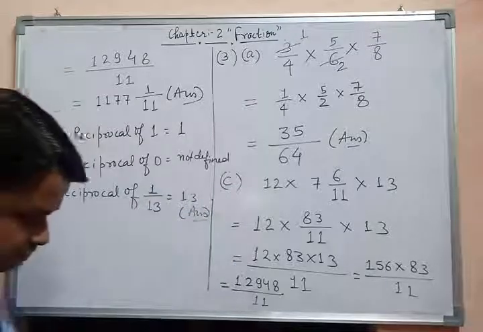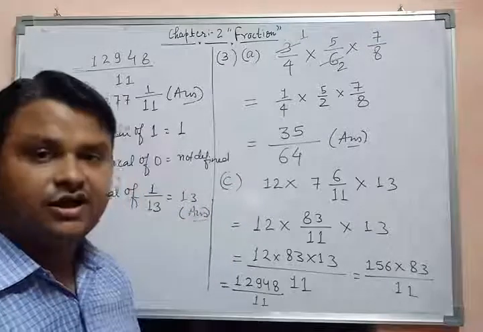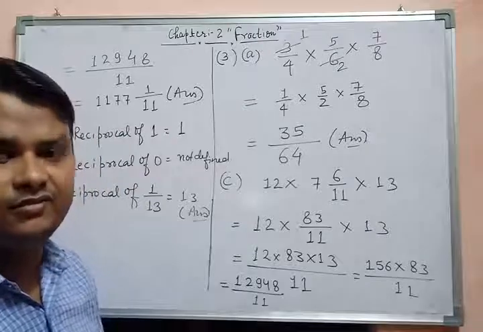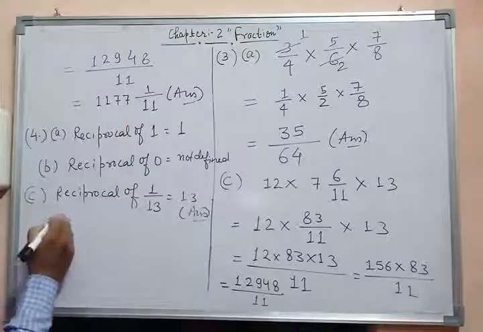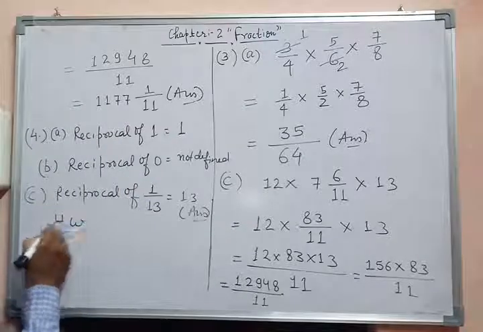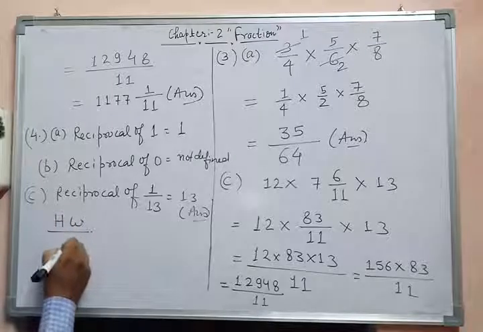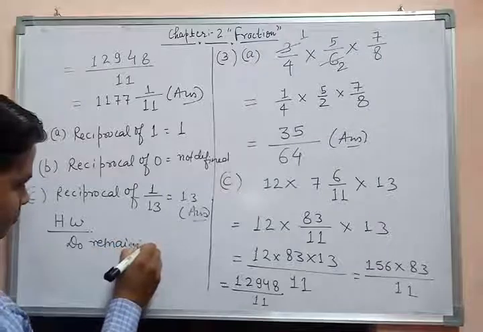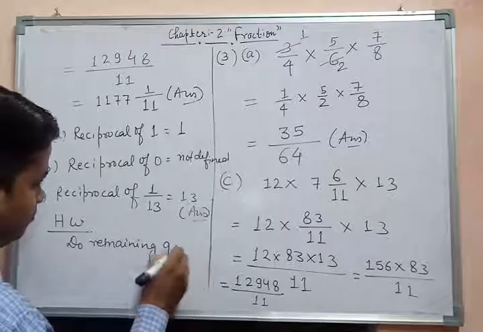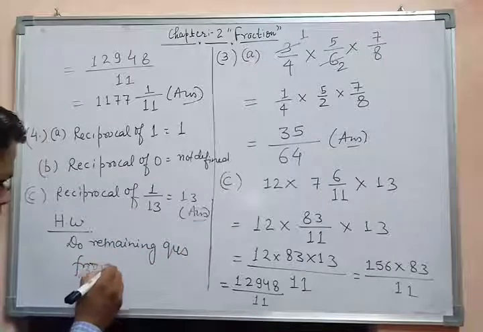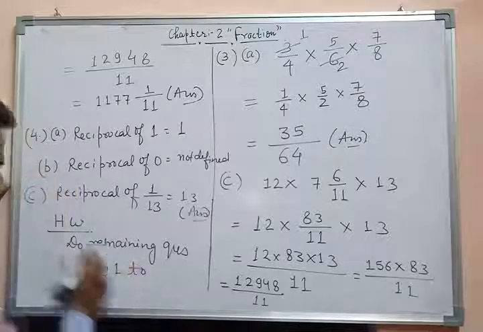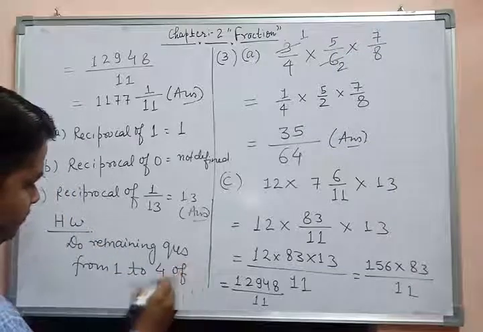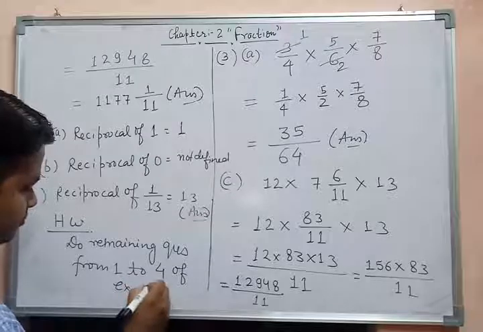So students, some remaining questions are given, and all the remaining questions are your homework. You have to write: homework is do the remaining questions from 1 to 4 of exercise 2.2.